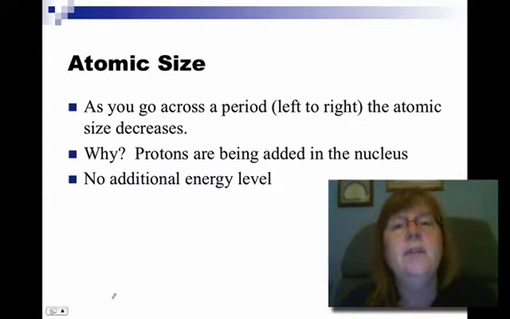There's something called the effective nuclear charge, or Z effective, that we talked about in the last video. Again, that is not the full nuclear charge that the electrons in the valence shell feel, because some of that positive charge is shielded by the kernel electrons.